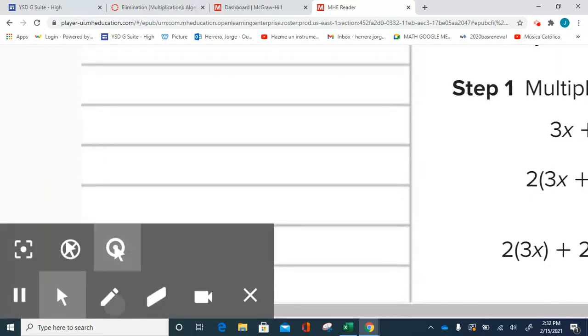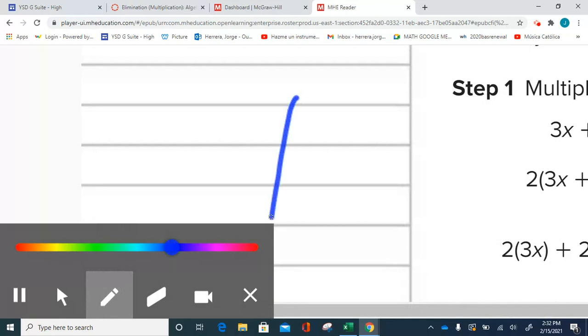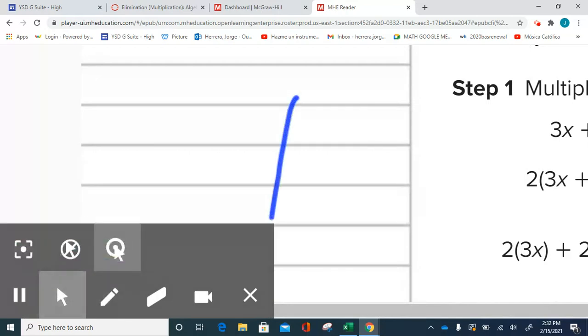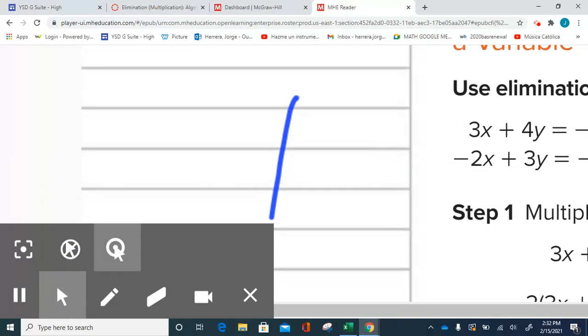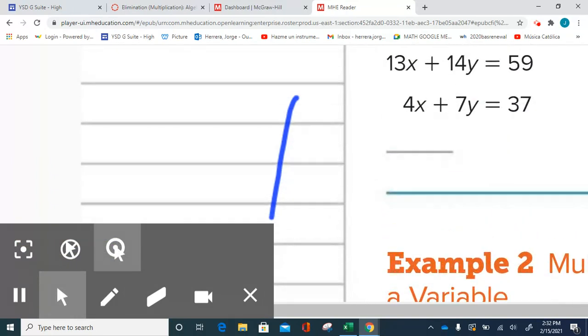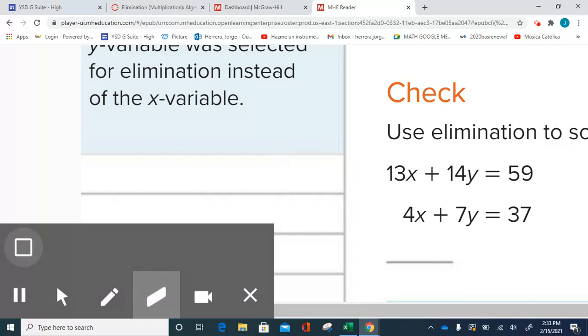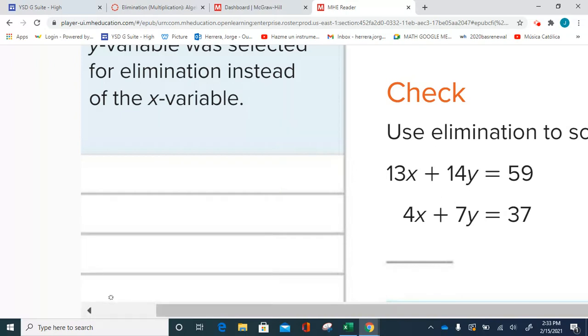There it is. I can find my pen. Okay, I cannot quite do it the way I wanted to. Shoot. Okay, let me change to my pen right there, and before I do that, I'm going to erase that and go back to my pen.